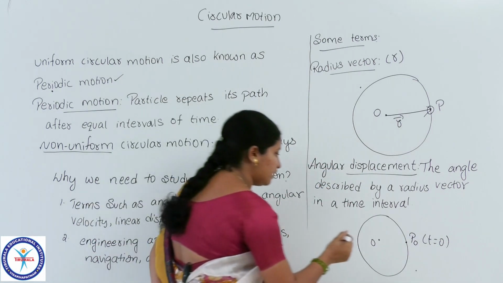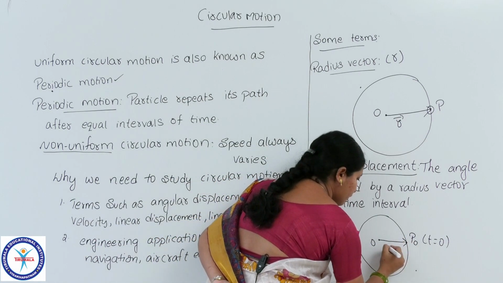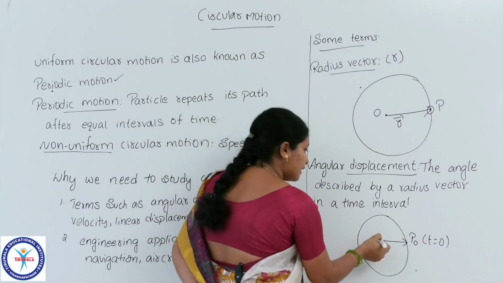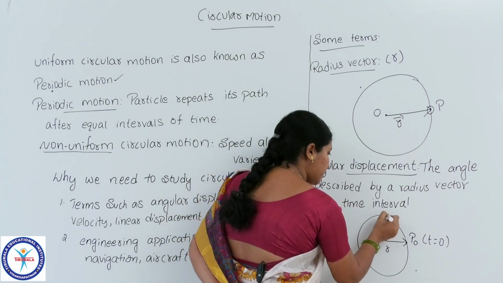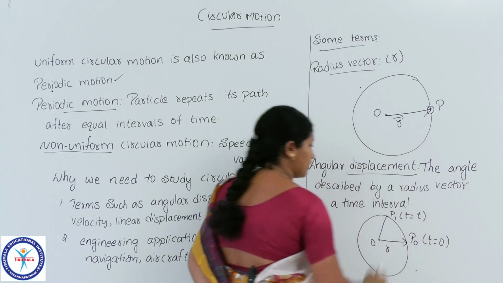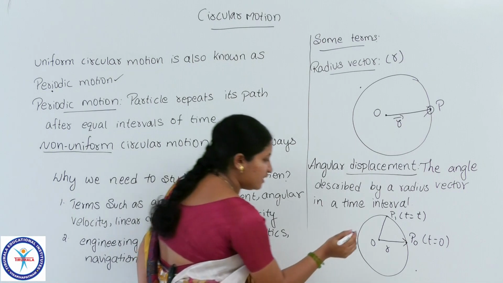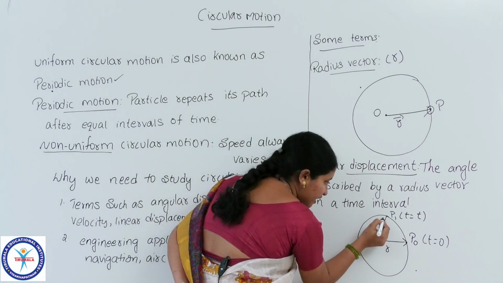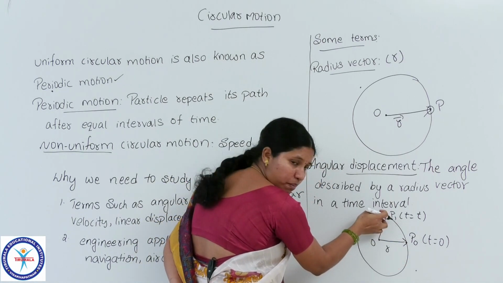After time t, let the position be at point P1. So this radius vector is changing its position from P0 to P1.